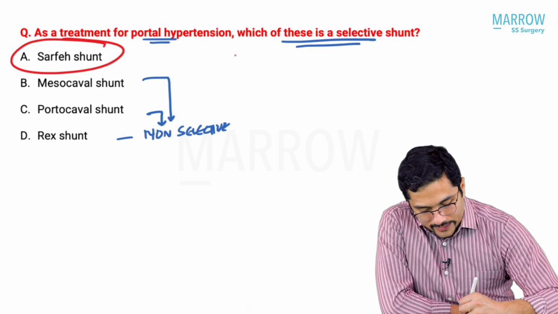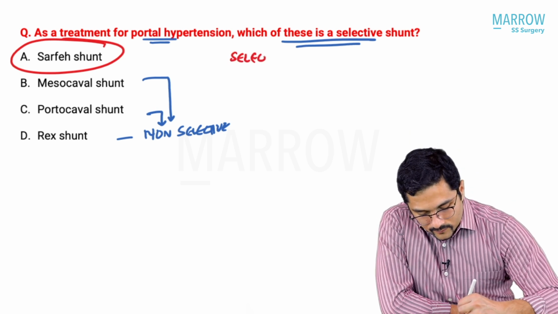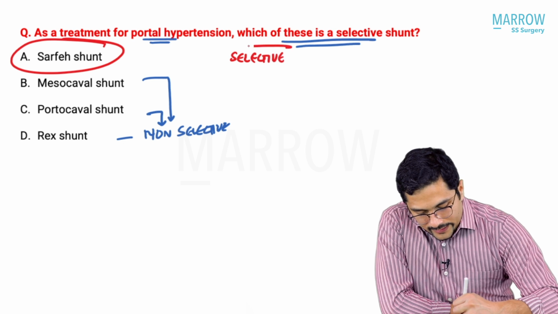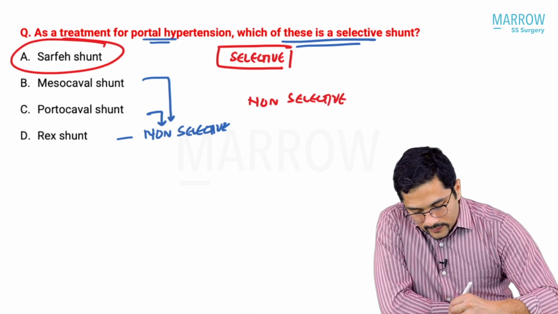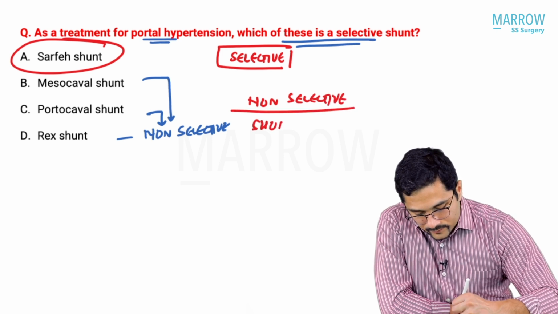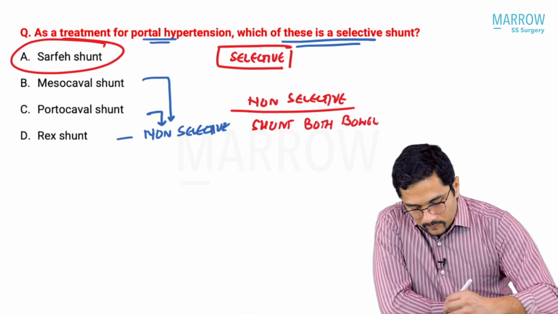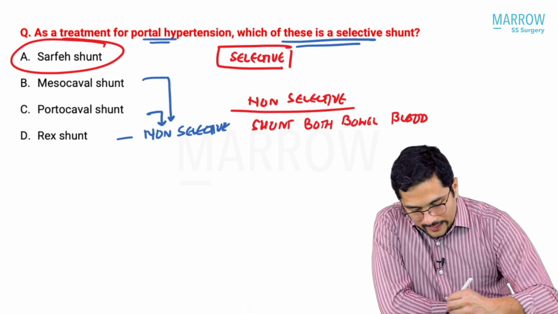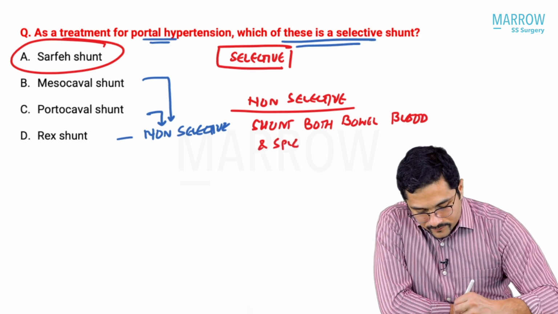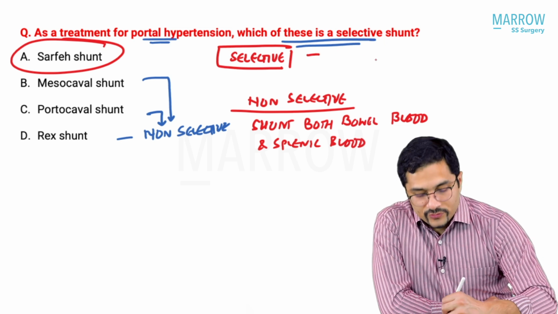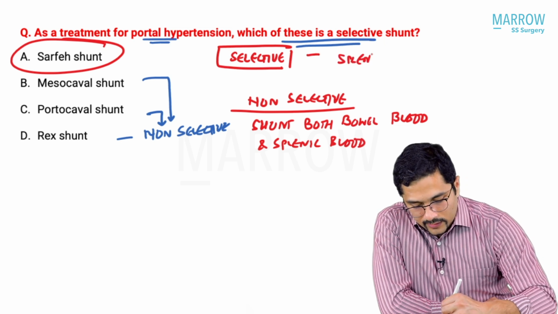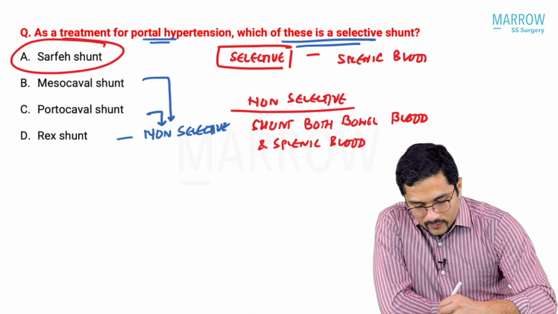And you know, you have selective shunts and you have non-selective shunts. So, non-selective shunts shunt both bowel blood and splenic blood, whereas selective shunts only shunt out splenic blood.